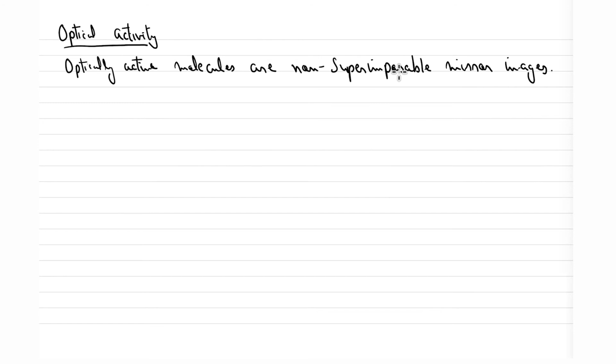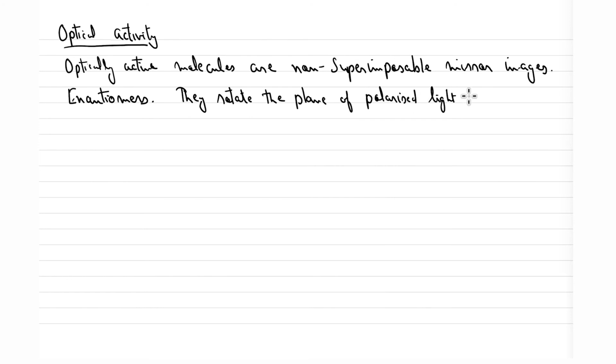What do you mean by optically active? And these are also called enantiomers, right? So the meaning of optical activity is that they rotate the plane of polarized light passing through them.